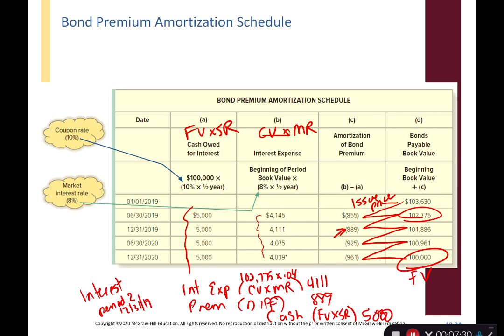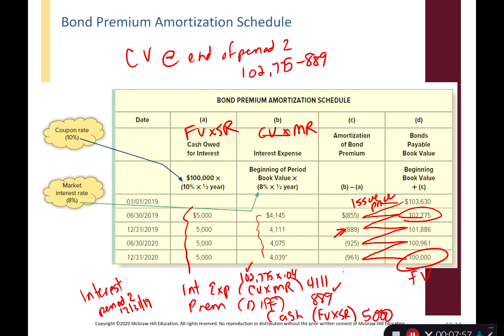And then if I want to get my new carrying value, or the carrying value at the end of period 2, it would be the 102,775 minus the 889 amortization. That's the original carrying value there, and then the 889 amortization.